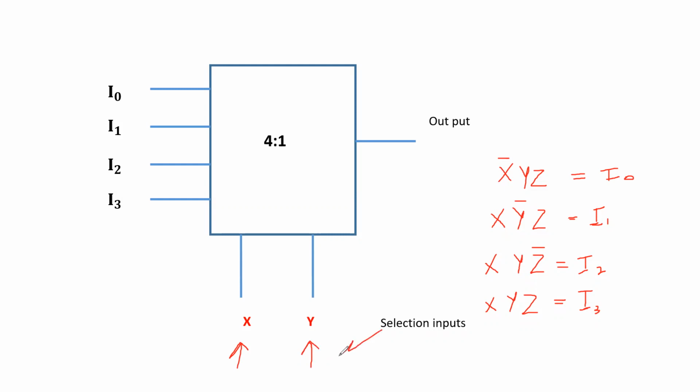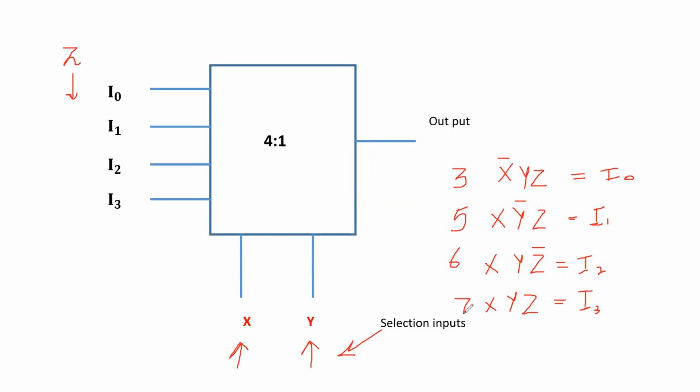The third variable z will be used as an input here, and we will get the output according to the minterms that were given in the function f2. The first minterm, x complement y z, is equal to 3, the second was 5, then we have 6 and 7.